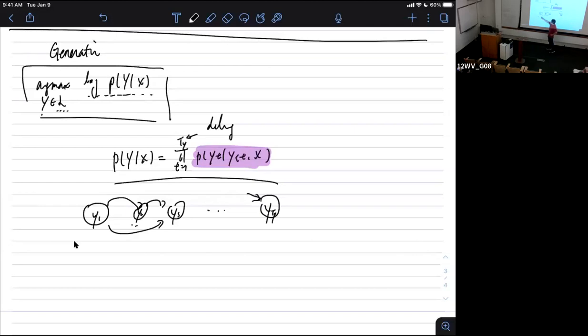So we're going to sample from the distribution over y1. And then given that, we're going to sample y2. Given these two, we're going to sample y3. And then continue all the way until we end at the very end, let's say with an end-of-sentence variable. But that's sampling, right?